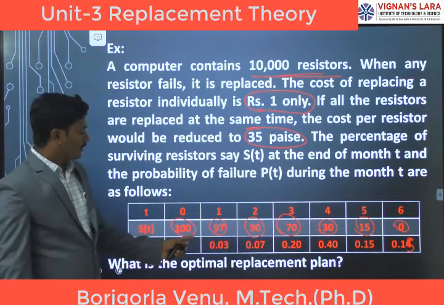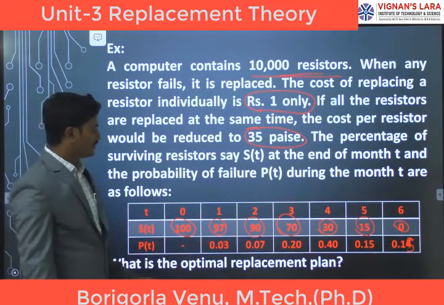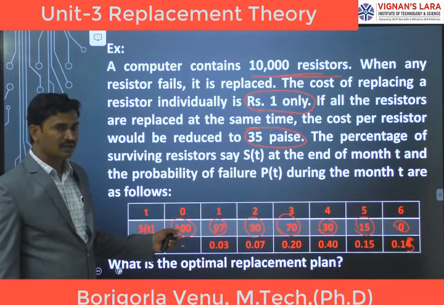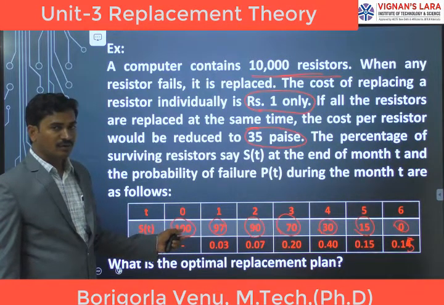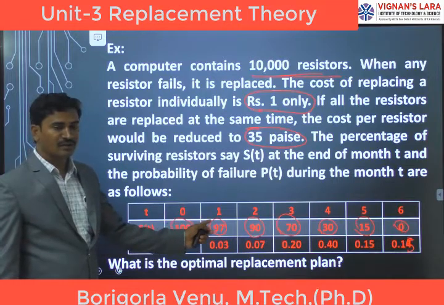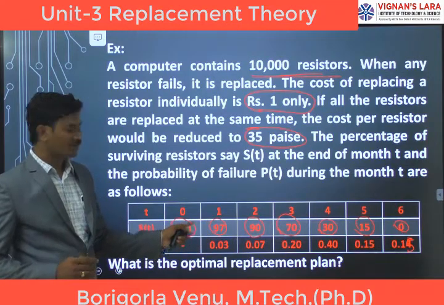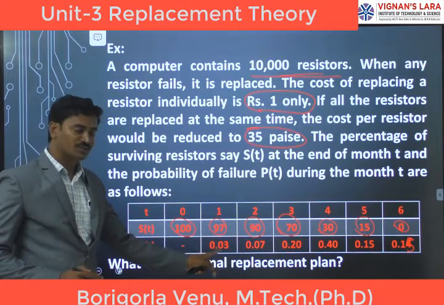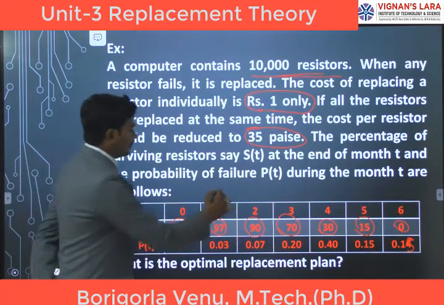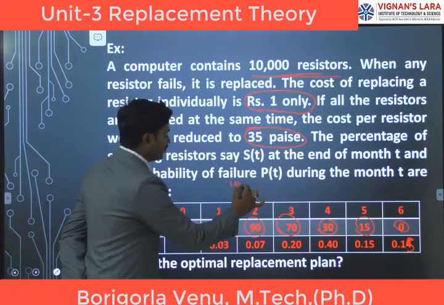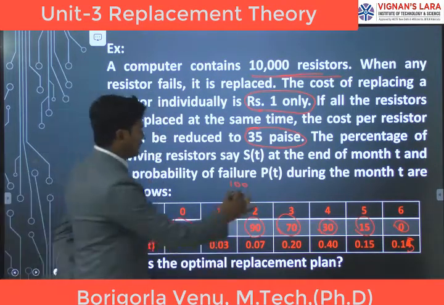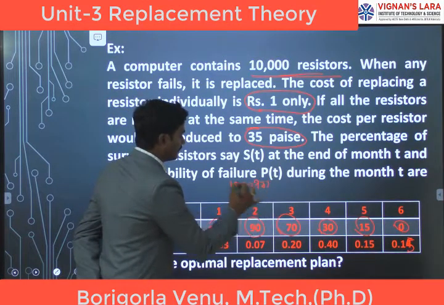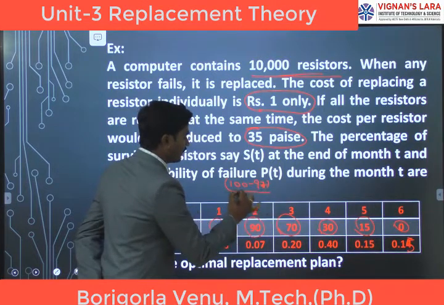probability. If we are going to calculate the probability, we take the surviving factor of resistors, and we take the difference between two surviving factors. From that we calculate the probability of failure. Here I would like to calculate this 0.03 from S of t. At the 0th month we have 100 resistors, and in the first month we have 97. This is a percentage, that's why I divide by 100.